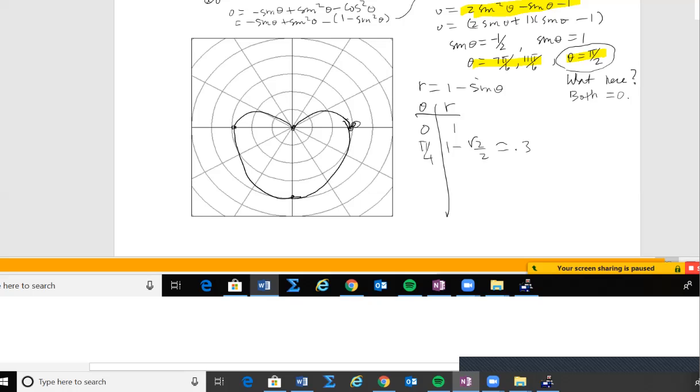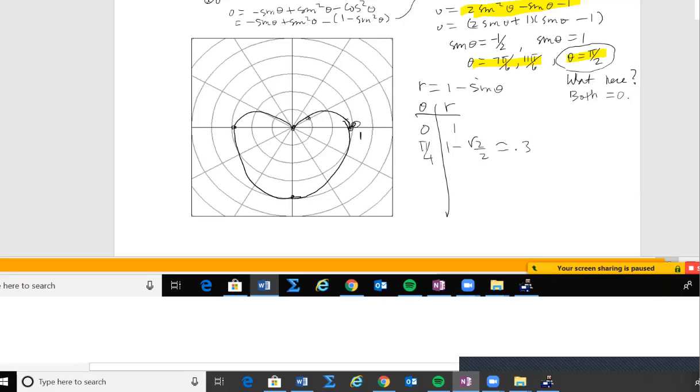So already, if that's 1, and this is 1 out here, then at pi over 4, it's already back down into this region in here, about 1/3 of that, about here. And mine's very rough. Okay, very rough graph.